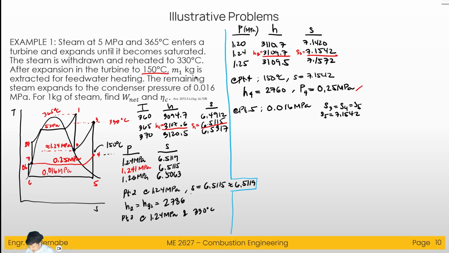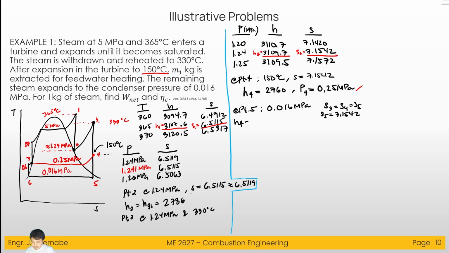So this is within the saturation curve. So SG here is higher than 7.1542. So SG here is 7.986 for the pressure of 0.16 megapascals. So we need to write down the HFG, SF, and SFG, also the VF and VFG, no?